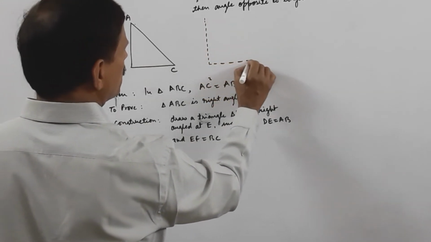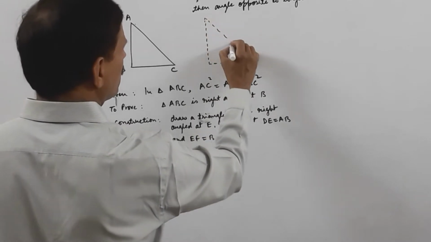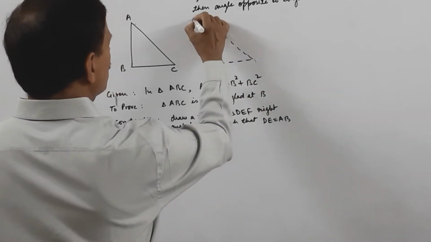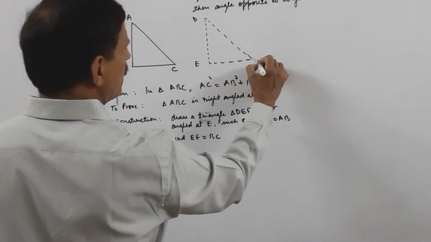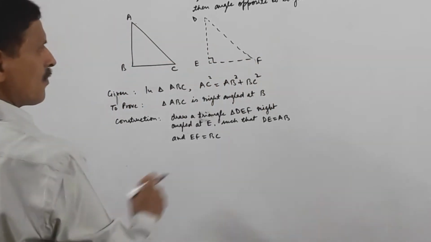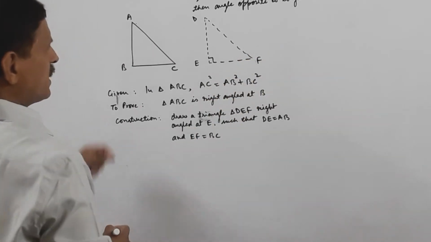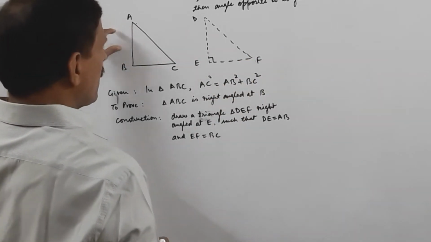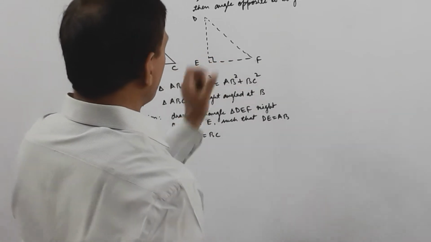So we consider triangle DEF right angle at E, such that DE is equal to AB and BC and EF are equal.